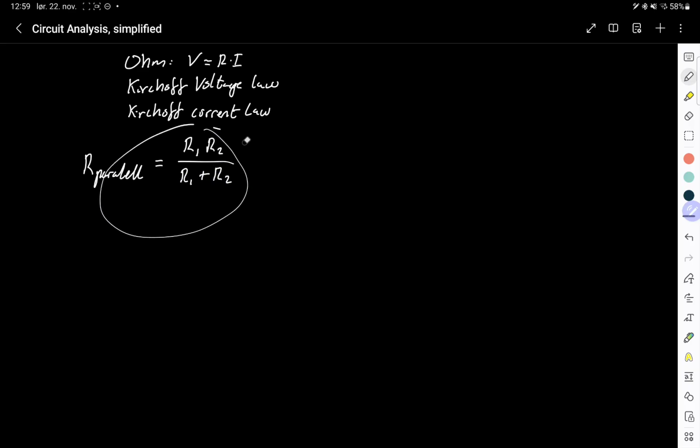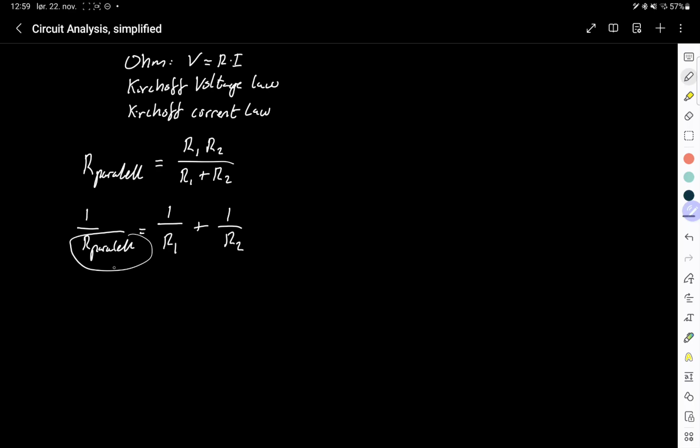I do just remember this, but you can easily derive this from the definition, just by multiplying the entire thing by R parallel, then dividing it once by R1, and then again by R2.